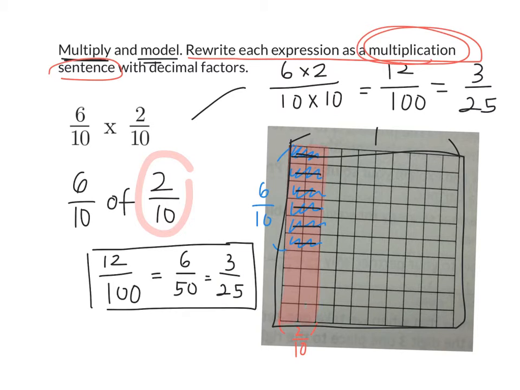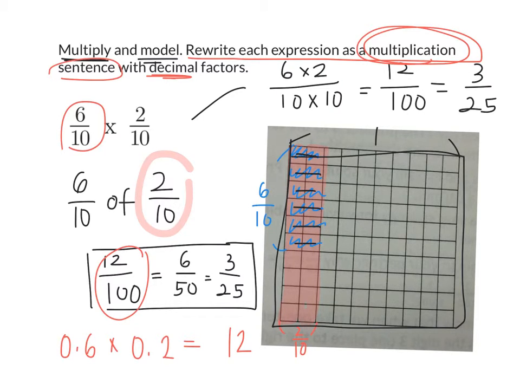Now, the second part of the question tells us to rewrite each expression as a multiplication sentence using decimal factors. So how can I turn 6/10 into a decimal? That would be 0.6. Okay. What about 2/10? 0.2. And we know the answer should be 12 hundredths. So that means I write 12, and I need my rightmost unit, the 2, to be in the hundredths.